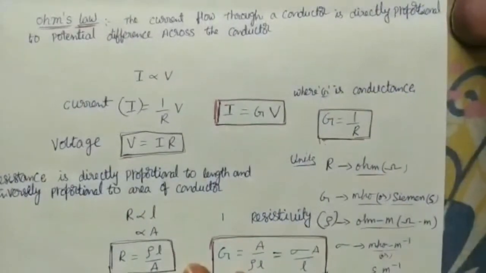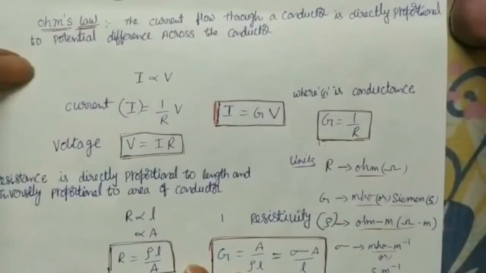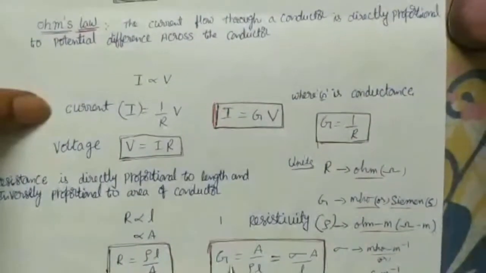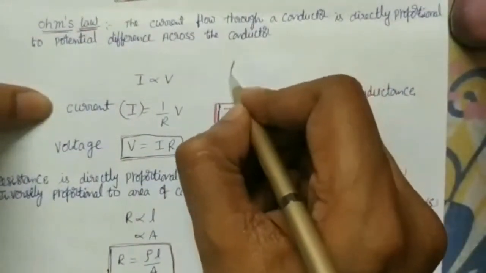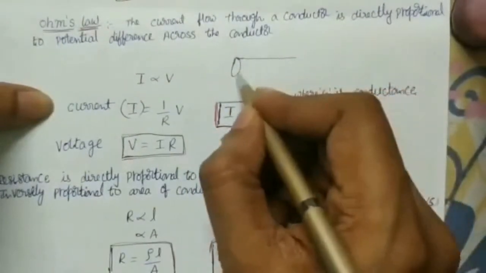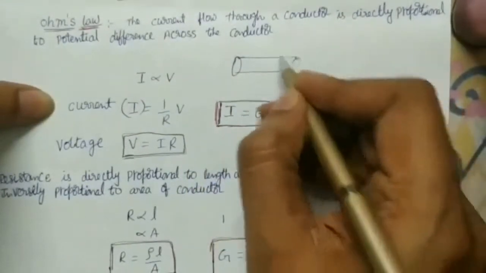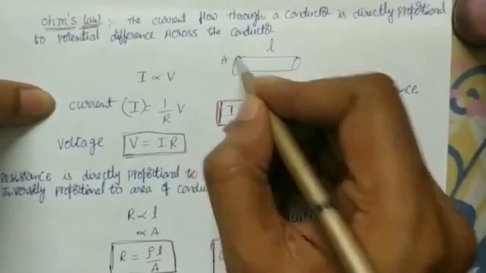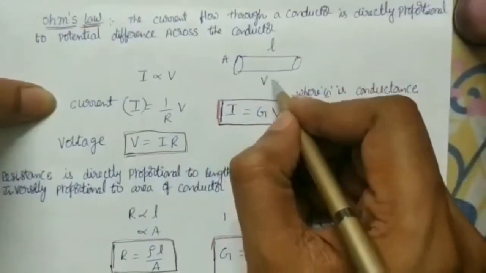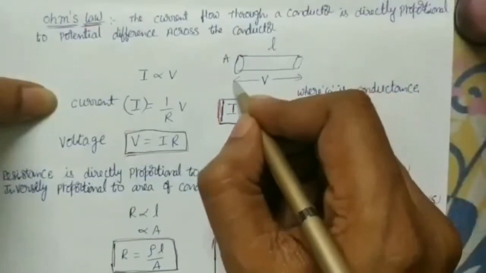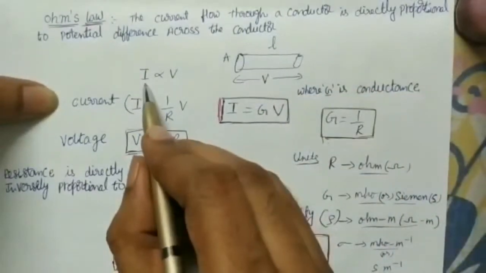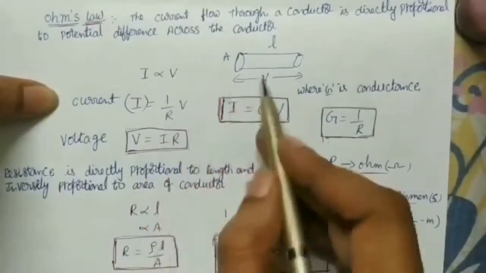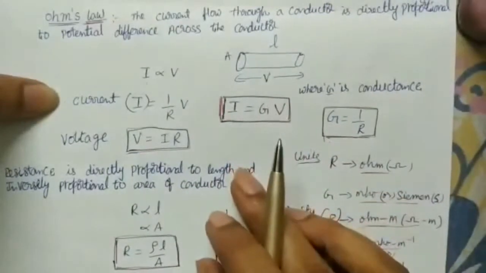In this video we will see about Ohm's law. According to Ohm's law, suppose you assume a conductor with length L and cross-section area A. They apply a potential difference across the conductor. The current flowing through the conductor is directly proportional to the potential difference across the conductor.